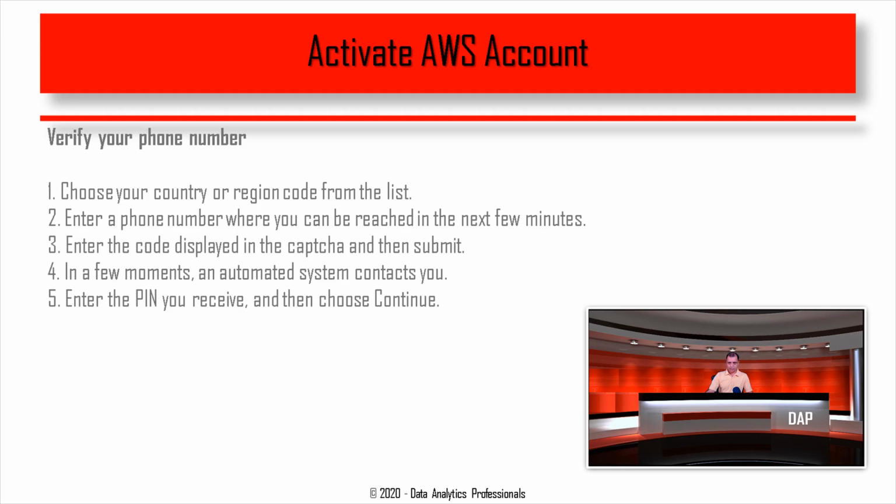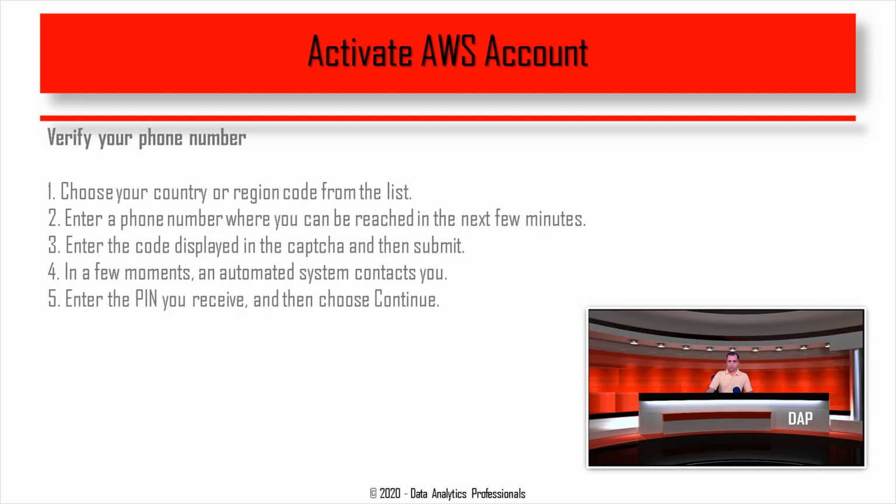You are at a certain page, and now you need to choose your country or regional code from the list. Enter a phone number where you can be reached in the next few minutes. You need to have the phone in your hand, because once you finish these steps, they're going to call you or send a text message, and I will let you know why you need that.